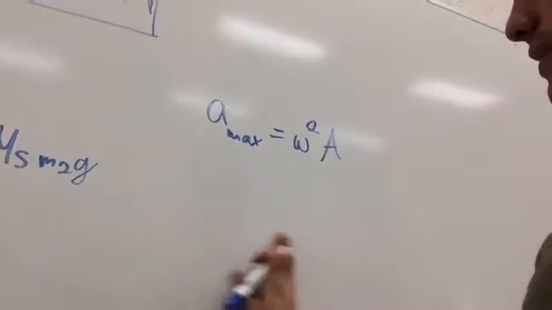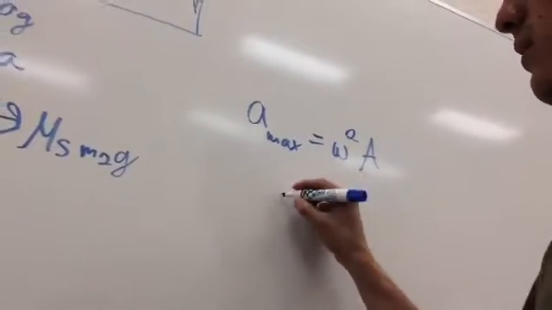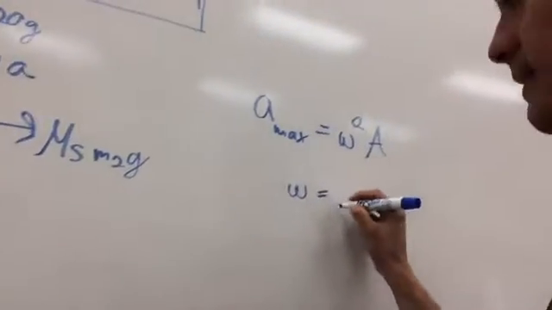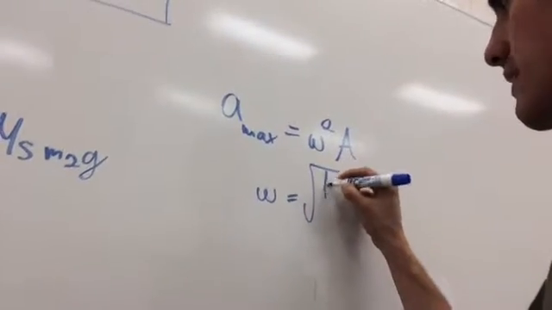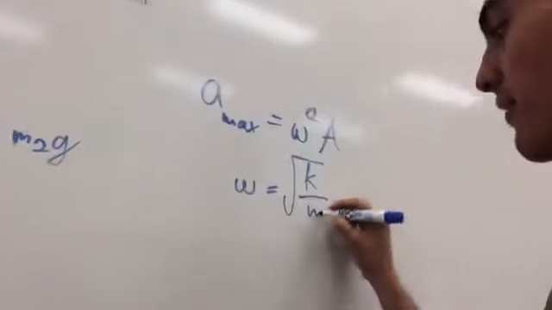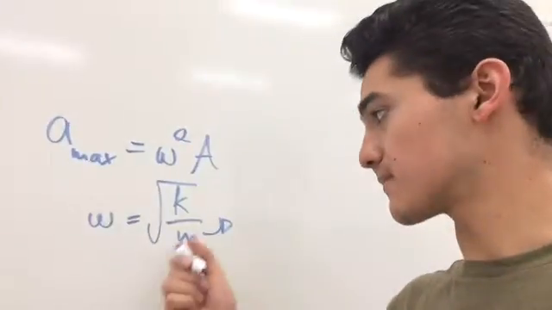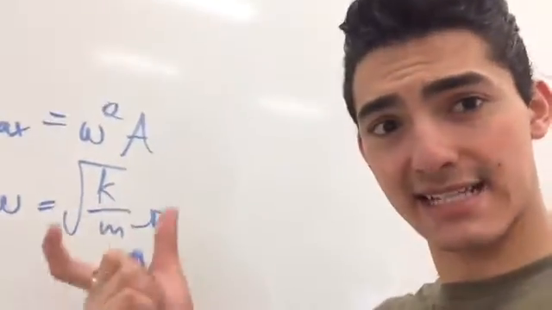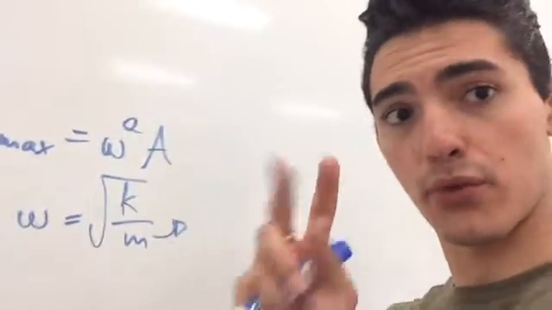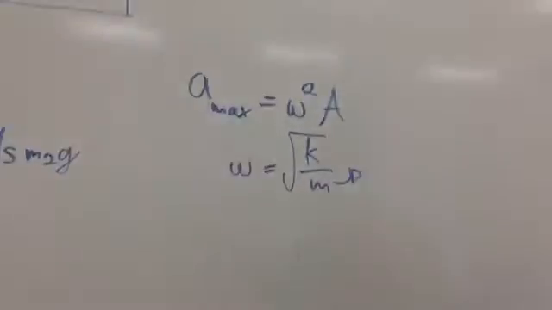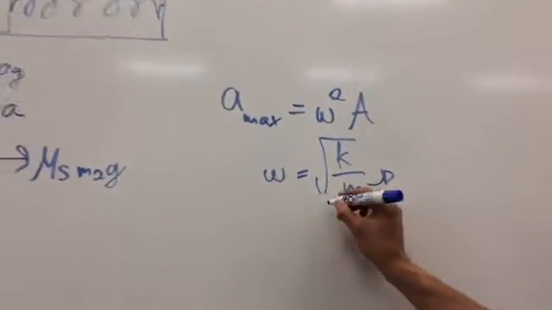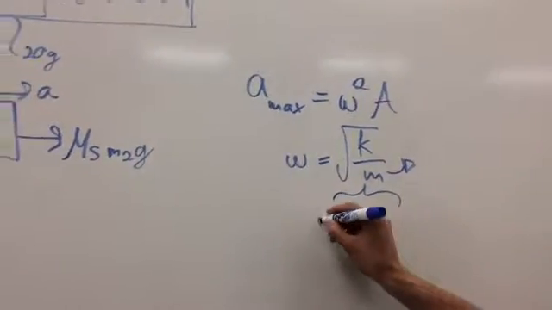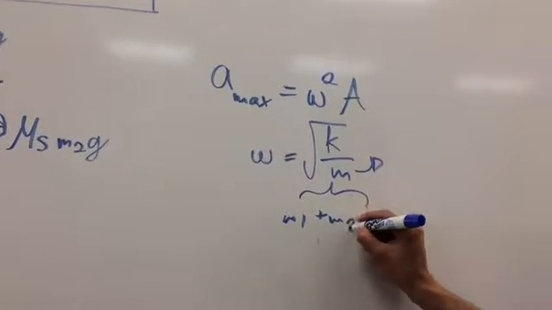We also know that omega will be equal to the square root of the constant over the mass. But here we have to use the total mass of the system in order to calculate the movement of both objects, so this will be mass 1 plus mass 2.